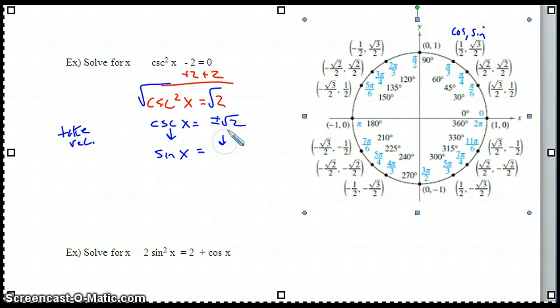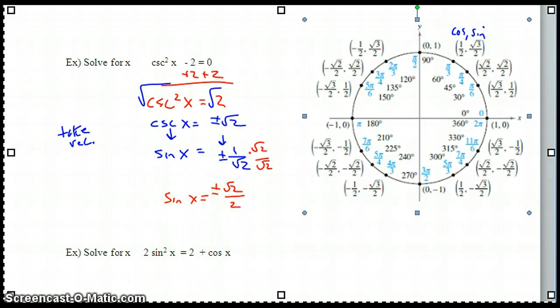Well, the reciprocal of plus or minus the square root of 2 would be plus or minus 1 over the square root of 2. Now, 1 over the square root of 2 is not on my unit circle. But if I rationalize it, I end up getting plus or minus square root of 2 over 2.